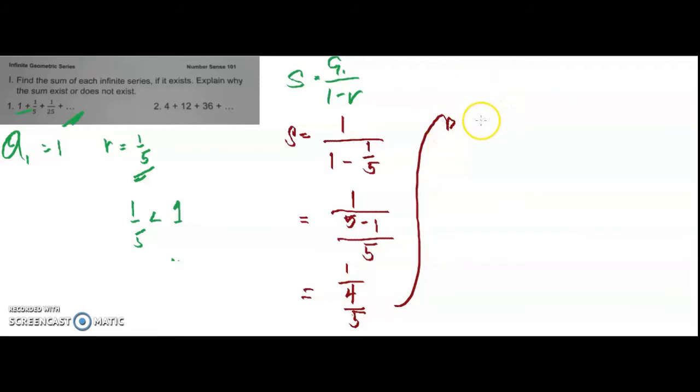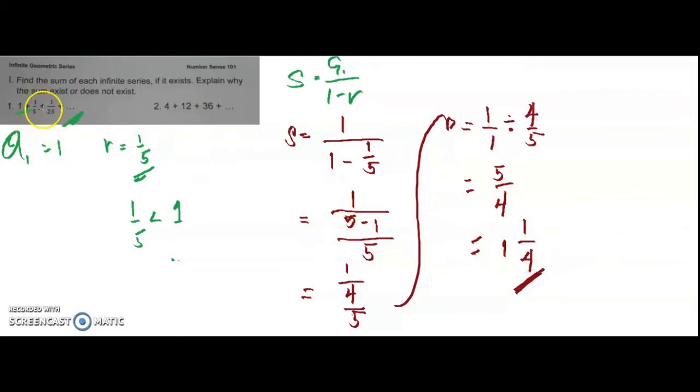So, meron pa tayo 1 divided by 4 over 5. So, meron tayong imaginary 1 dyan. Babalikan natin yung fraction. And then, instead of getting the reciprocal of 4 over 5, we just go for cross multiplication. And this makes it, bilang 4 meron ng 5, meron tayong isa, may natirang isa, and 1 and 1. So, the sum of this particular pattern, wherein it is convergent, is 1 and 1/4.